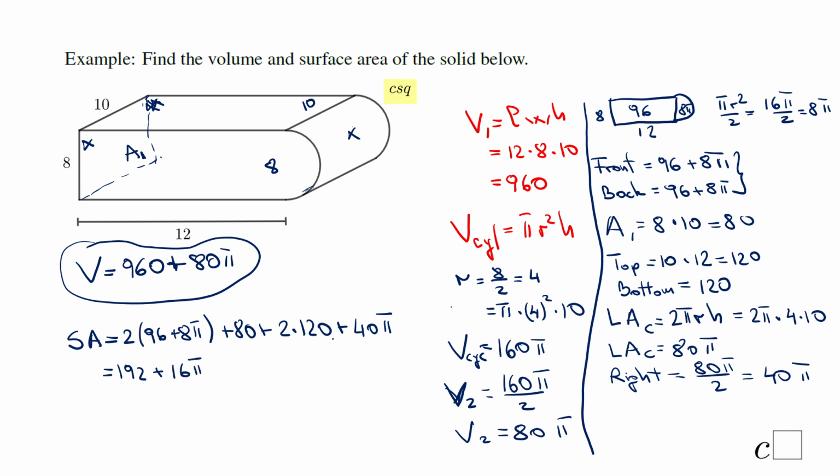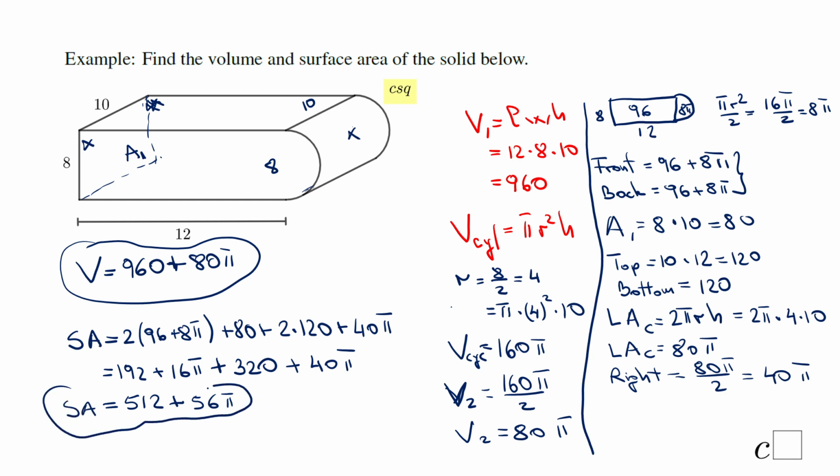Here we have 2 times 12 times 12, 40 plus 8, 320. I think we can do this math, plus 40 pi. And now what we can combine is 192 and 320, and that would be 512. And 16 pi and 40 pi, if we add this, we get 56 pi. This is the surface area.